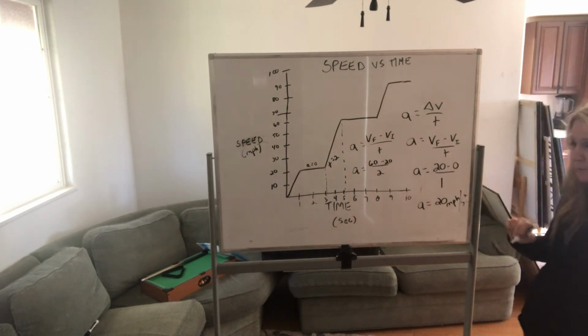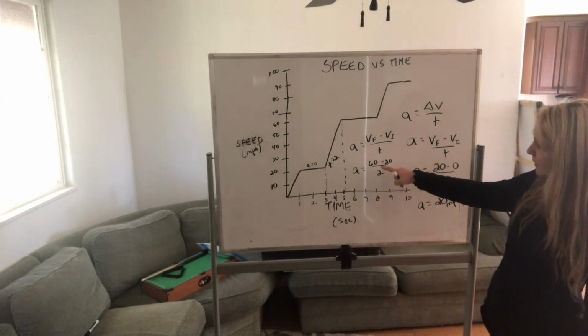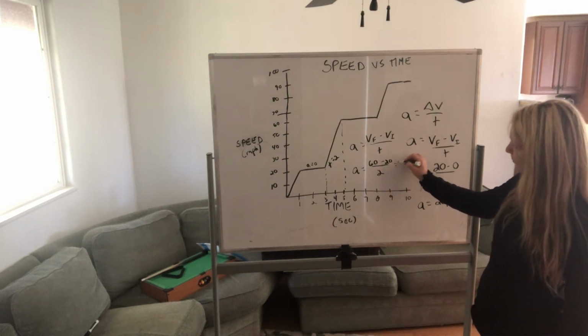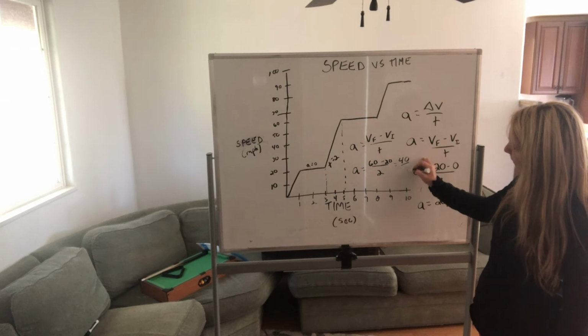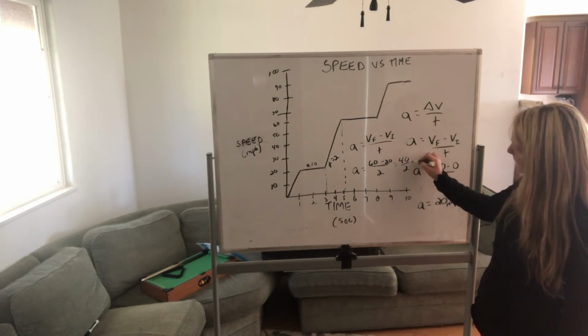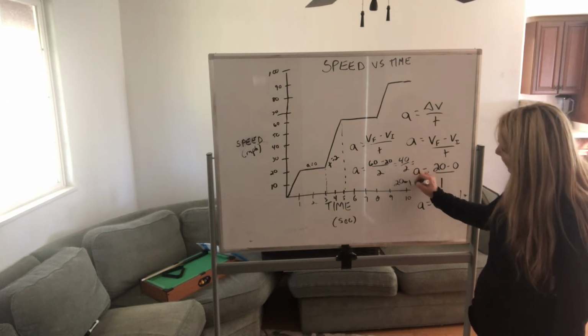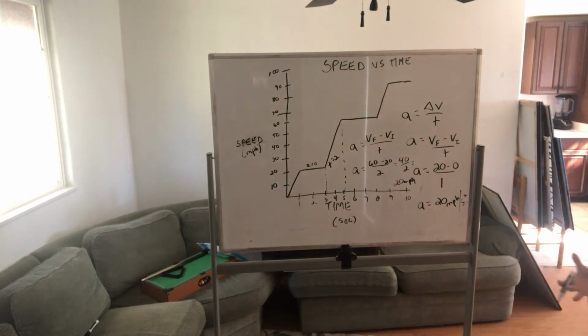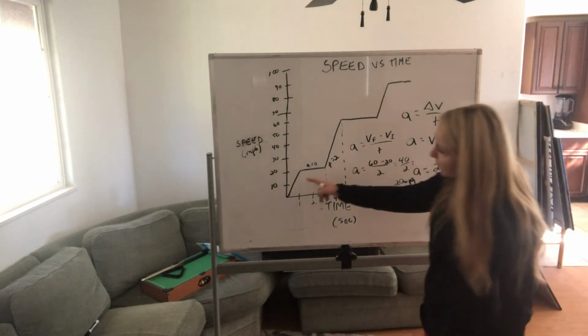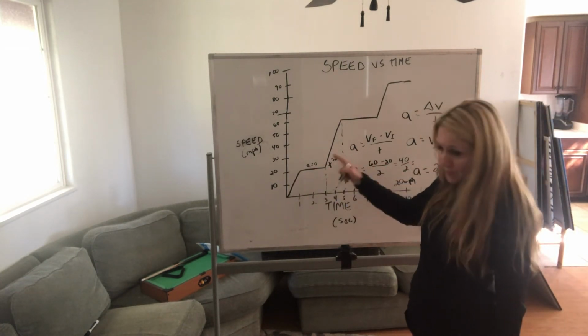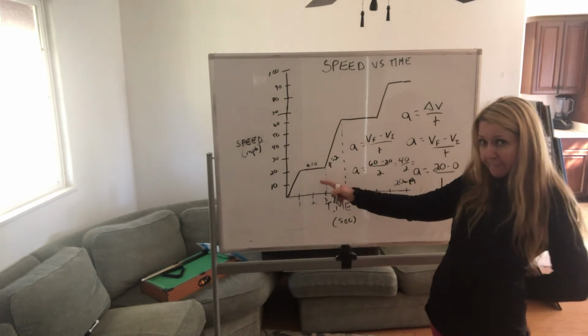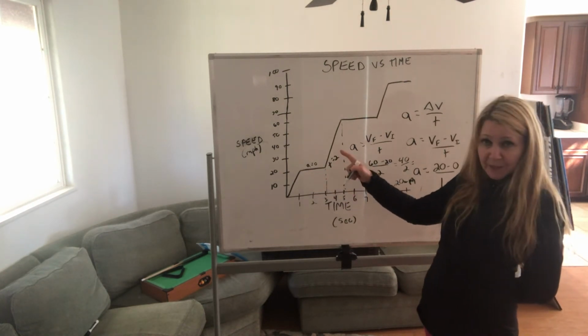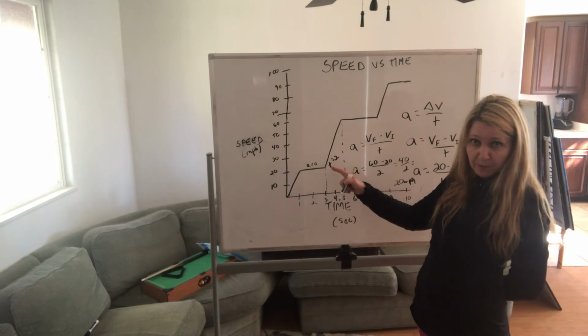So 60 minus 20 is 40, divided by 2, 20 miles per hour. And that makes sense now, because look, the slope is about the same for these two. So the acceleration rate is the same, 20 miles per hour per second squared.